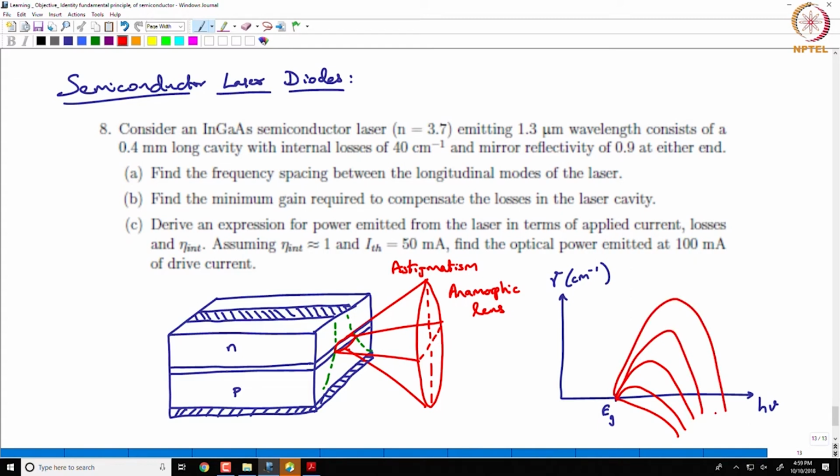And so on. What you will see in general, as a function of increasing injected current, is that the peak gain value is increasing, and it is also shifting to higher frequency. Why is that?